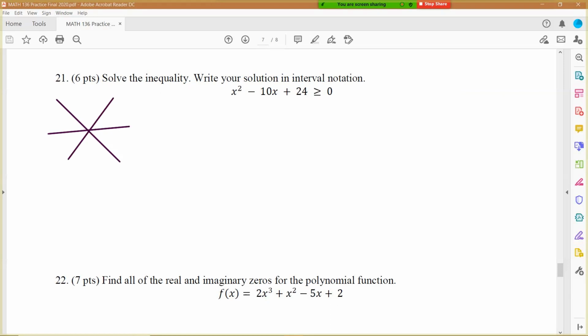So for this, I would have 1, 1, negative 10, and 24. Looking for two numbers that multiply to give us 24, add to give us negative 10. Negative 6 and negative 4, perfect. So those multiply to give us 24, add to give us negative 10. So now we have factors x minus 4, x minus 6.